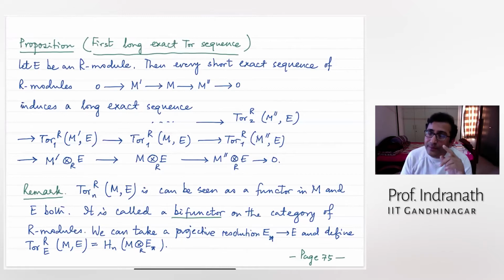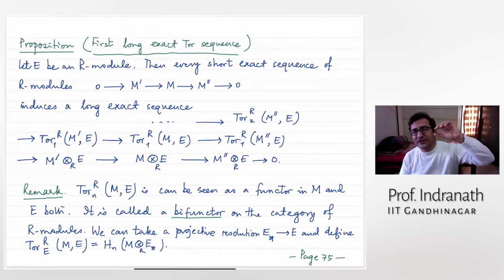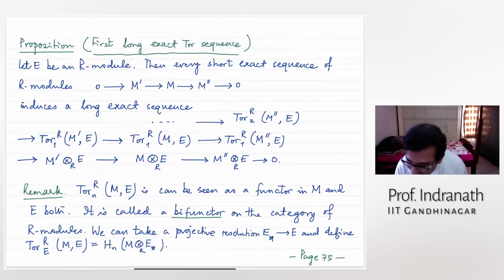I said that this requires a proof. It is not automatic, because you require the projective resolution to define this derived functor. And then if you want to replace it by some homological resolution, then you have to show that you still have the isomorphism of the homologies. So you will see another such instance today. I will come to that.